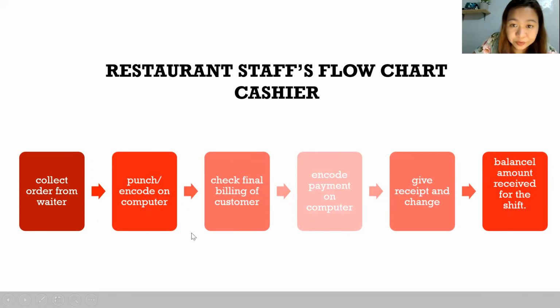So, iba-iba din yan sa iba't ibang type ng restaurants. There are cashiers na directly, wala ng waiter, they collect the order, they punch the computer, and then pagka-punch pa lang nila, they would get agad the payment directly from the customer, and then bibigay agad si receipt, tapos sometimes sila na din ang nag-a-assemble ng food.